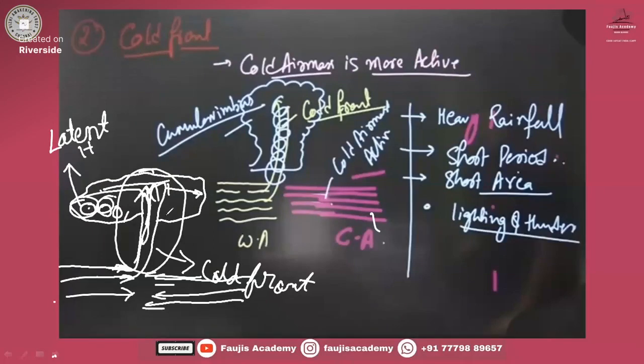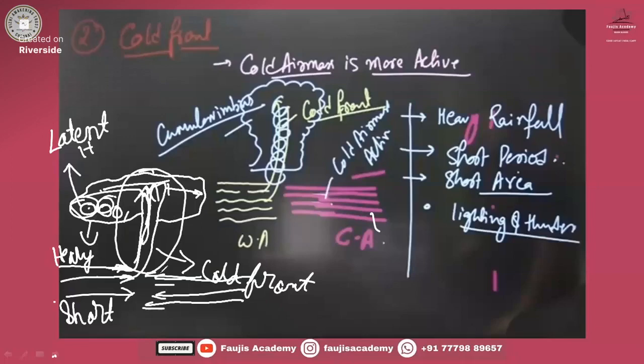And don't forget the cauliflower shape of the cumulonimbus cloud. So they will take a larger shape like a cumulonimbus cloud, and when they are not able to stay suspended, due to gravity pull they start raining. There will be heavy rainfall in the cold front, and that rainfall is for a short period, not a long period like the warm front.